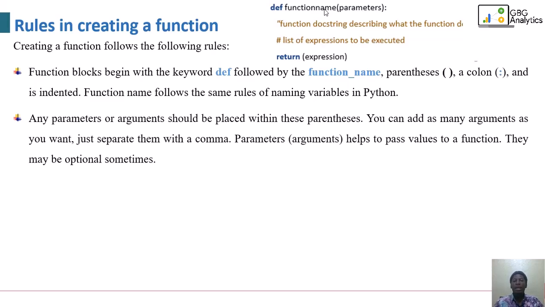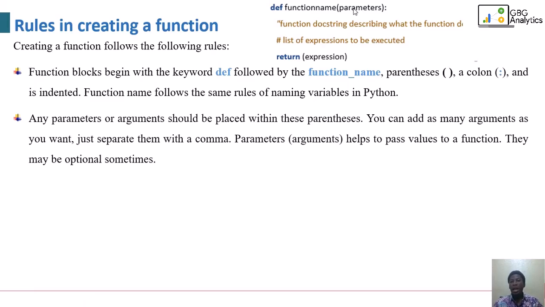Another rule in creating a function is that any parameters, which are also called arguments, should be placed inside your parentheses, which we have here. As you can see, here I put parameters. So inside the parentheses is where you put all your parameters or arguments of your function.